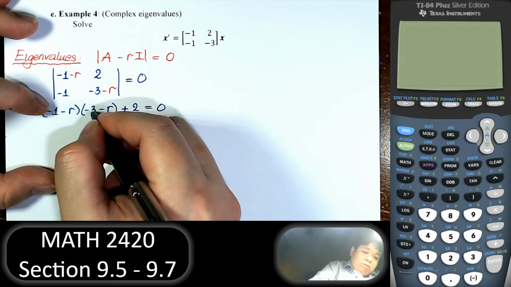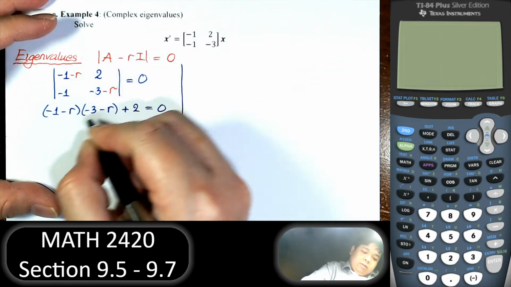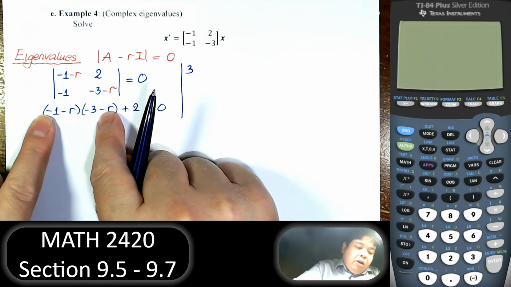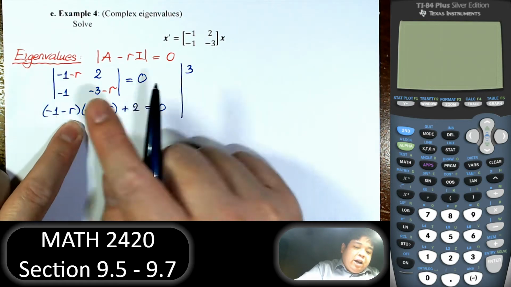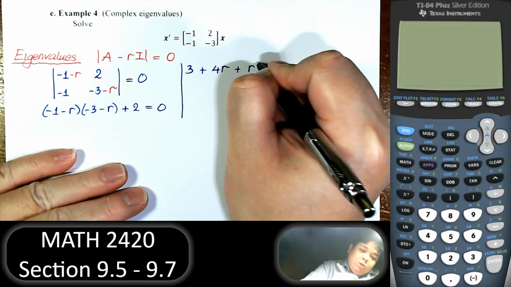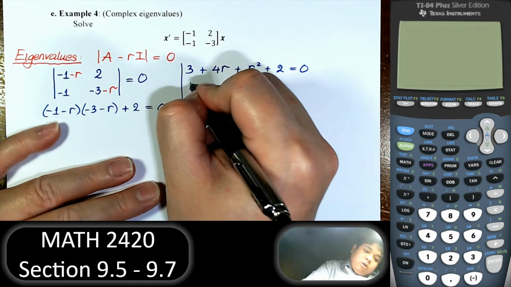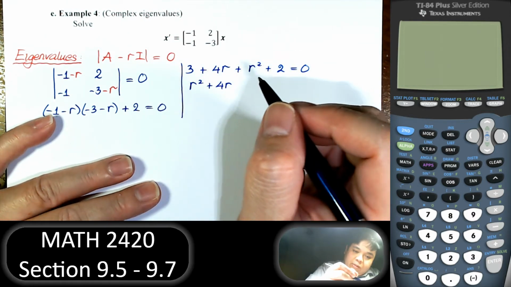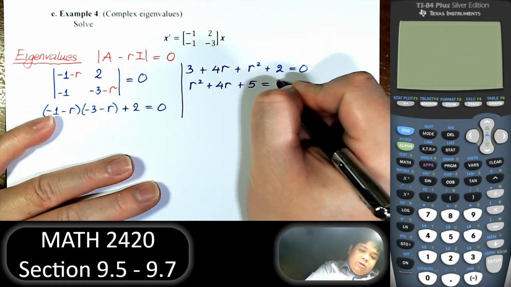Multiply them out, -1 times -3 is 3. All of them are negative, so multiplying all will be positive. R and 3R, 4R, plus R squared plus 2 equal to 0. So R squared plus 4R plus 5 equal to 0.